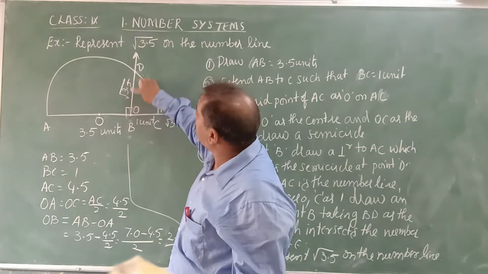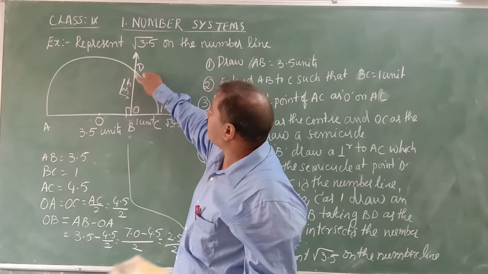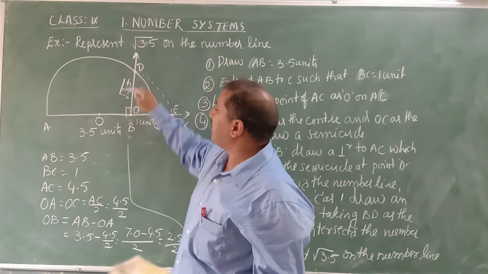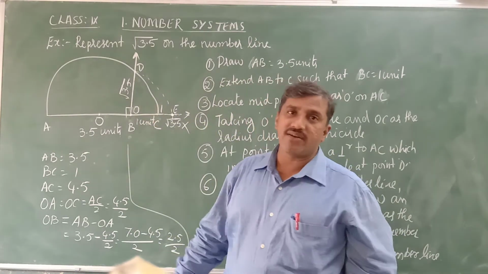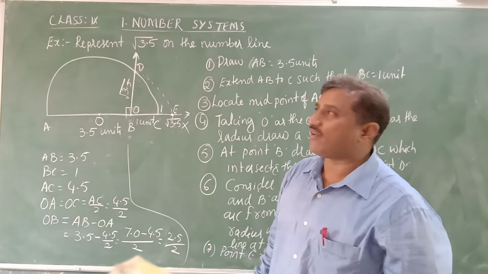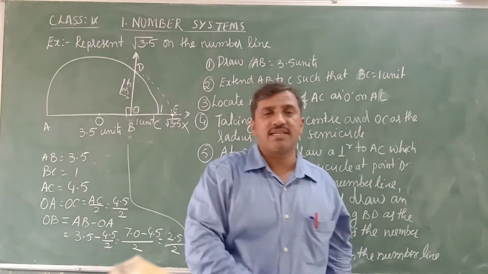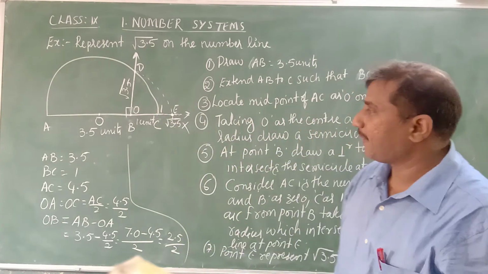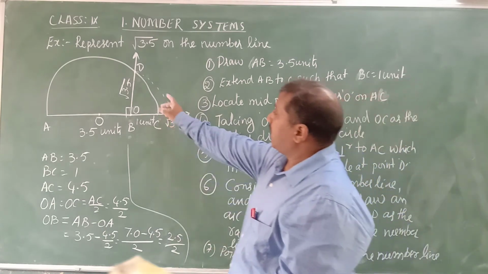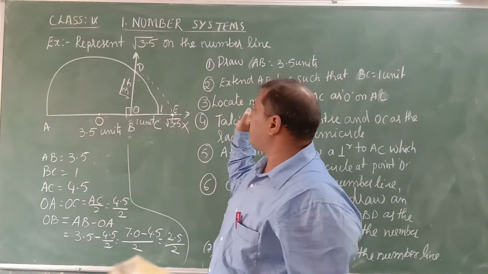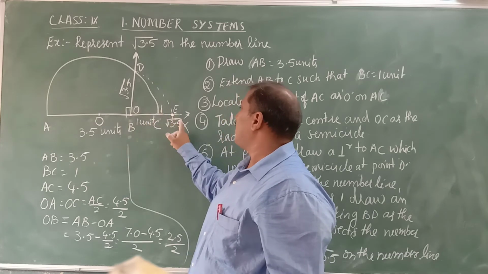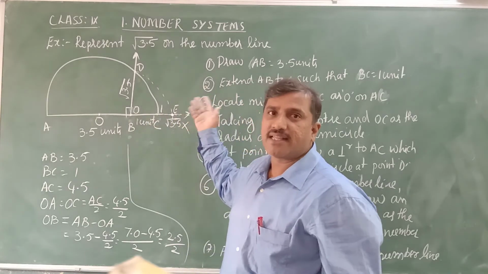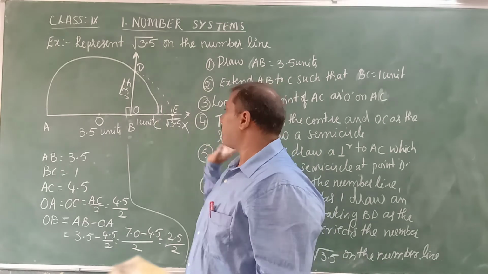Now the length of BD will give you what? Square root of 3.5. That we can prove by using the Pythagoras theorem. Then consider AC is the number line and B represents 0, C represents 1 and the next points represent the other values like a number line.